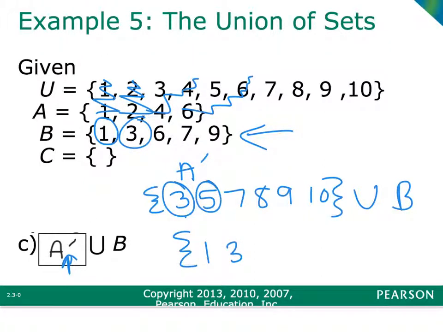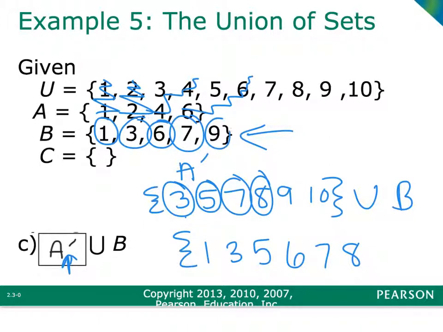The number 5 is in A naught. 6 is in B. 7 is in both, 8 is in A naught, 9 is in both, and 10 is in A naught. And I have represented all of the numbers from A naught union B.